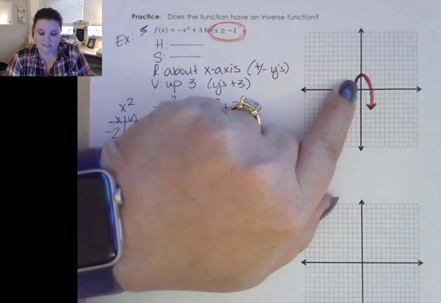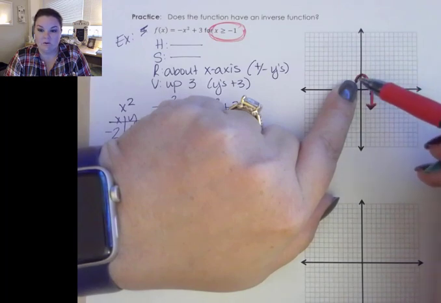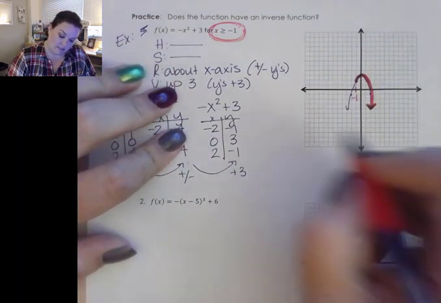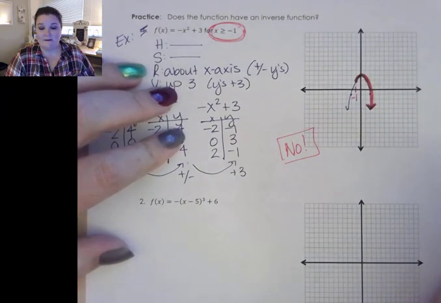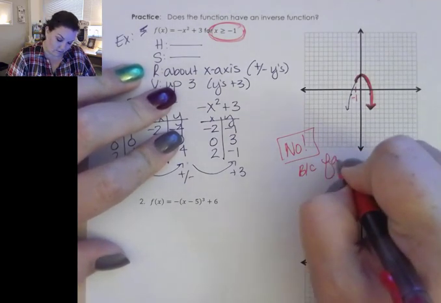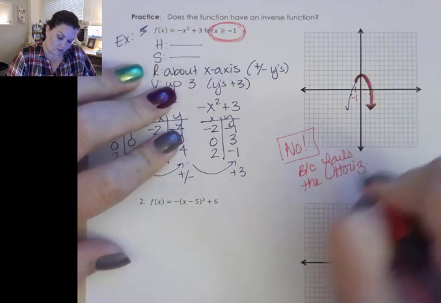It doesn't, right? Because if I were to draw a horizontal line anywhere up here where I still have the little top of that parabola, it's going to fail, right? So this one, no, does not have an inverse because it fails the horizontal line test.